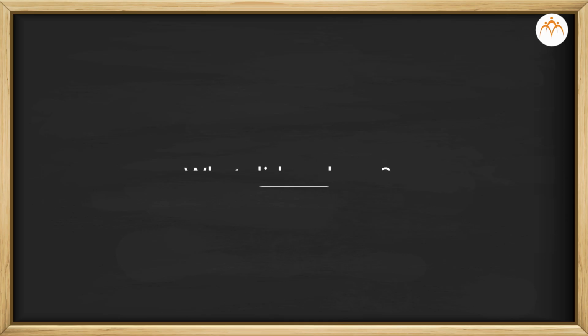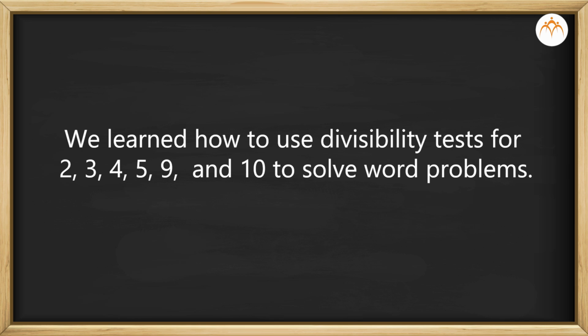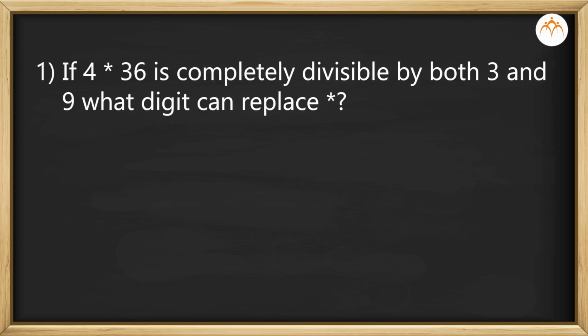What did we learn? We learned how to use divisibility tests for 2, 3, 4, 5, 9 and 10 to solve word problems. Exercise: if 4*36 is completely divisible by both 3 and 9, what digit can replace the asterisk mark?